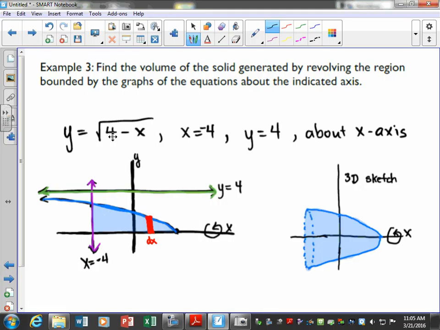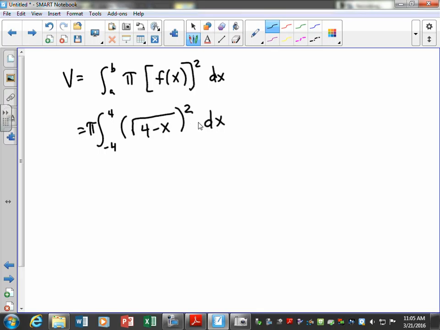The square root of 4 minus x squared is our function, squared, dx. Now let's simplify this before we start. What is the square of a square root? Algebraically right here. Good. We just get pi, integral from -4 to 4, and that just gives us 4 minus x squared dx.